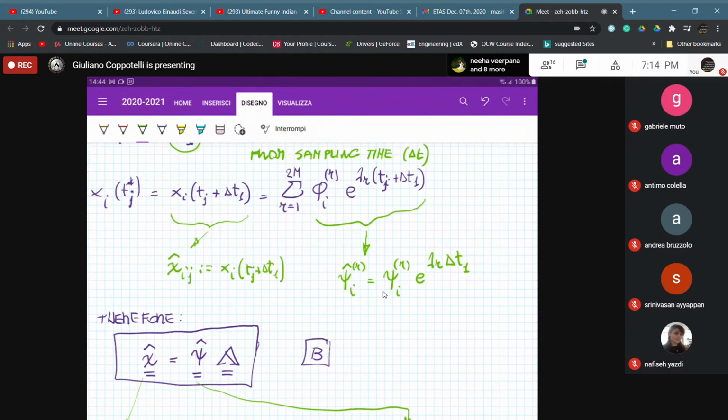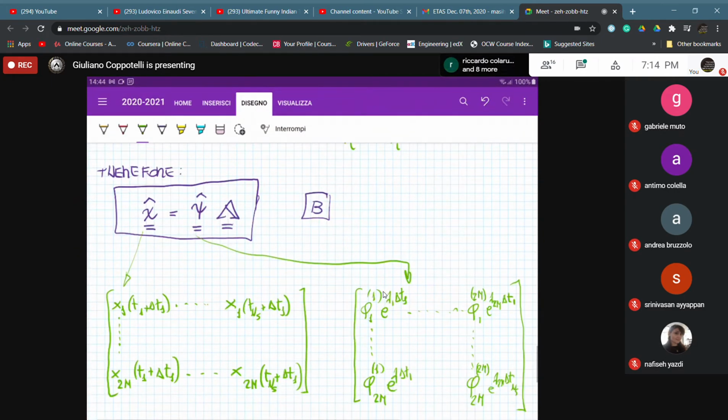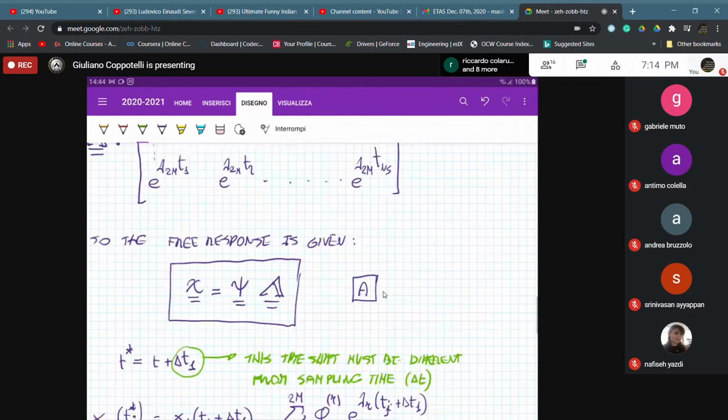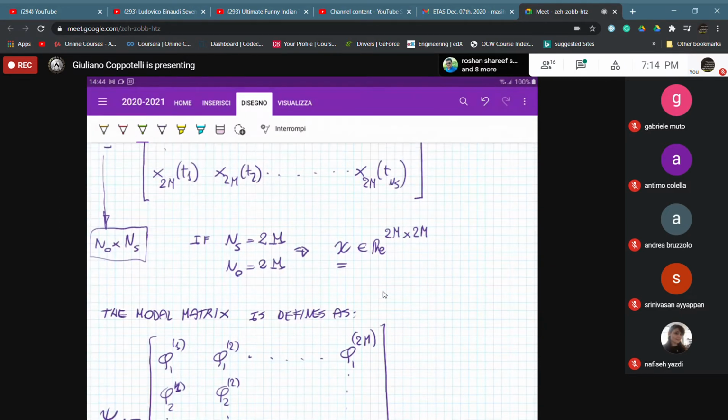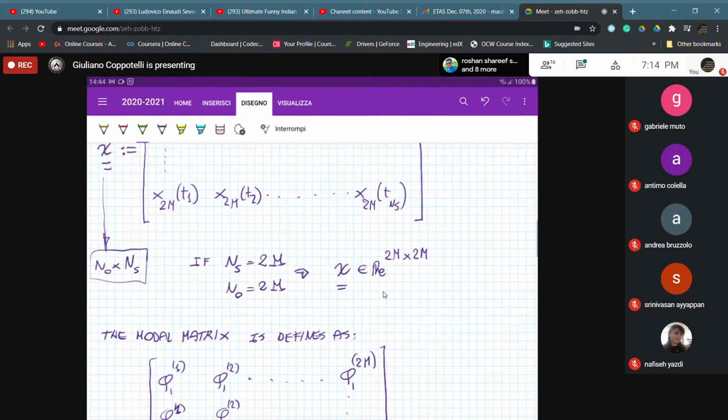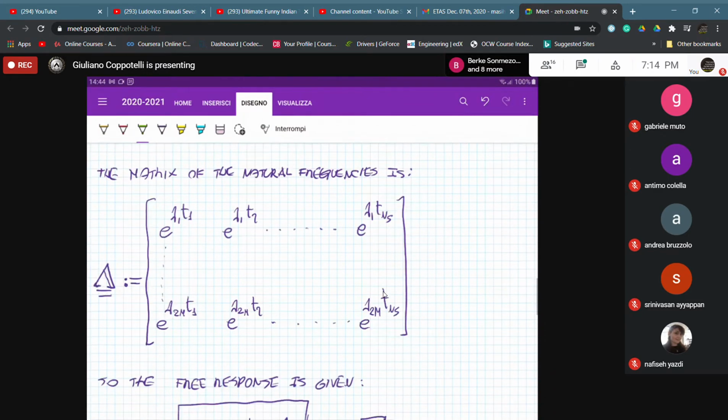Because we already take that into account in the e to lambda that are here. If you consider the definitions of lambda that I already wrote, we got in the large bold lambda the information of the time counter, t1, t2, and so on.